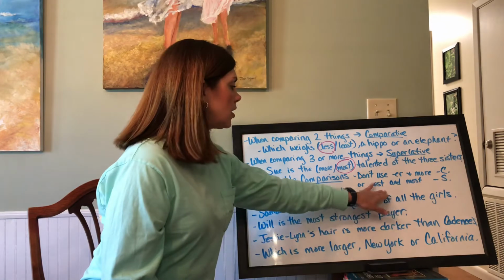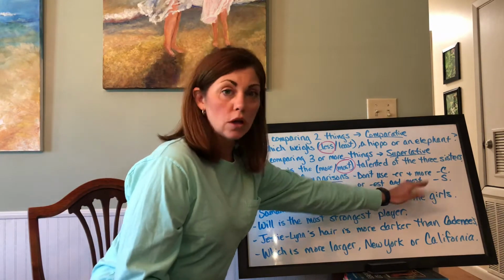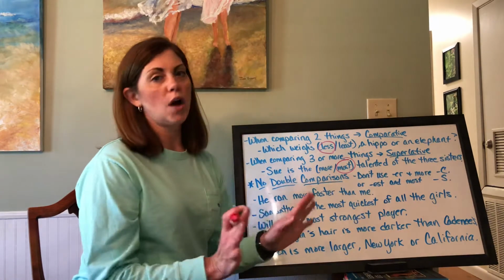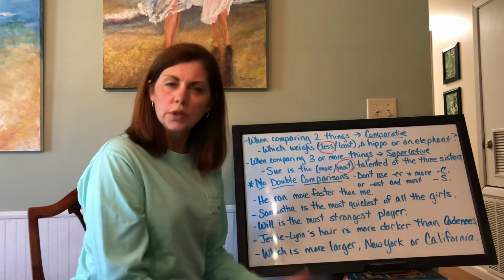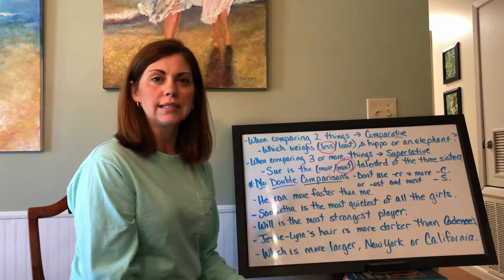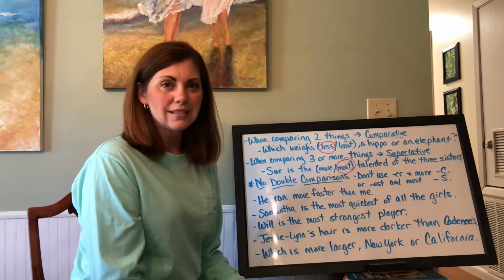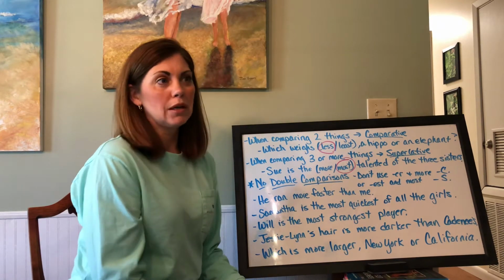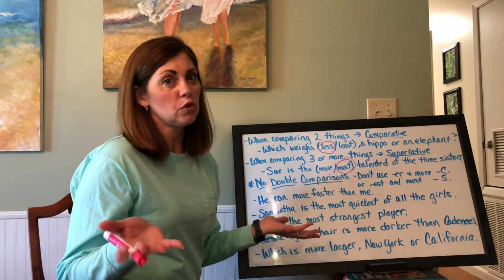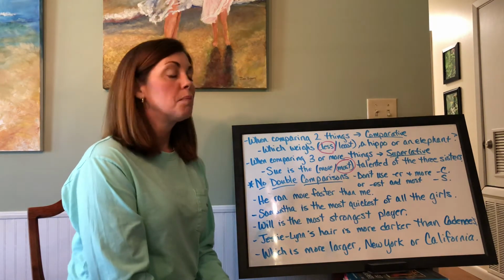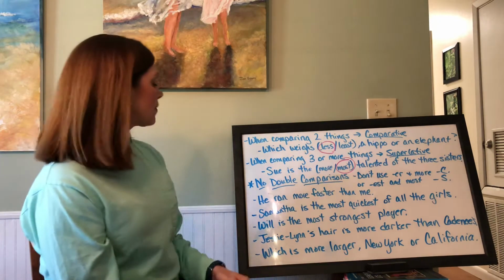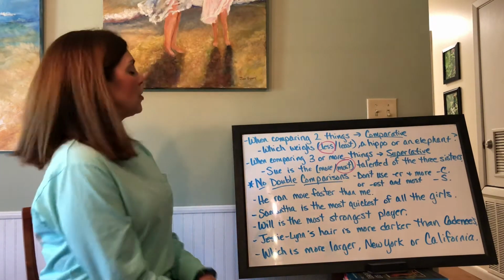Or if it was largest, and then you added most also, most largest. We never do that. We never do double comparisons. Most of the time you wouldn't do that because they don't really sound right to the trained ear. I mean, if you speak pretty good English, pretty good grammar, you're probably not going to do this, but we're going to go over it anyway. Maybe this will be a really easy lesson for you.